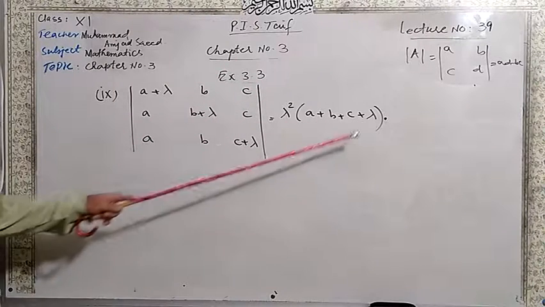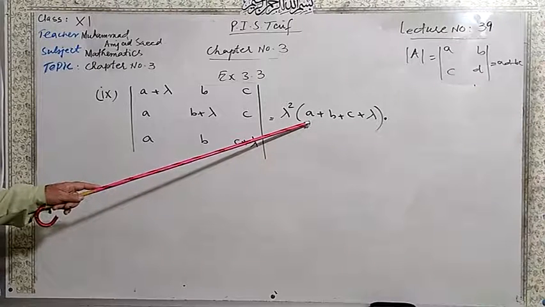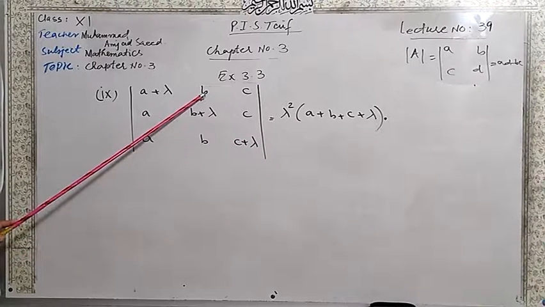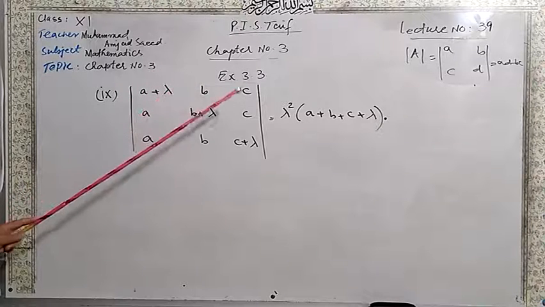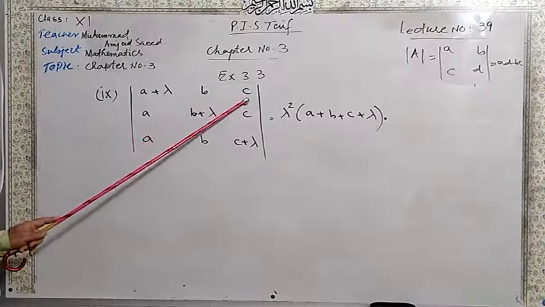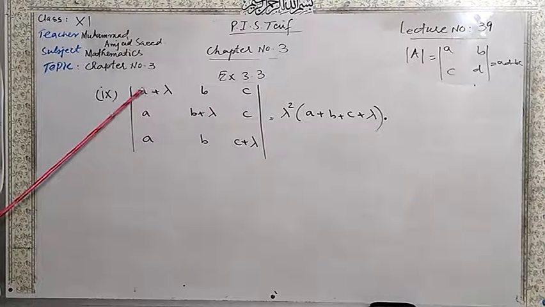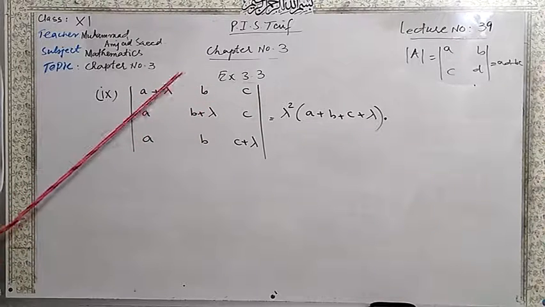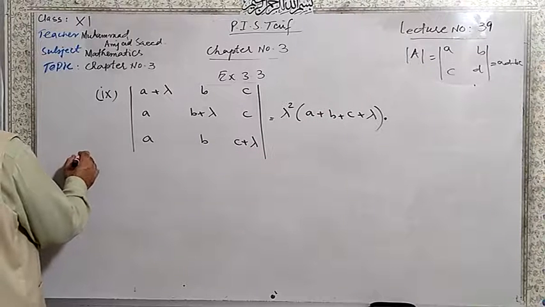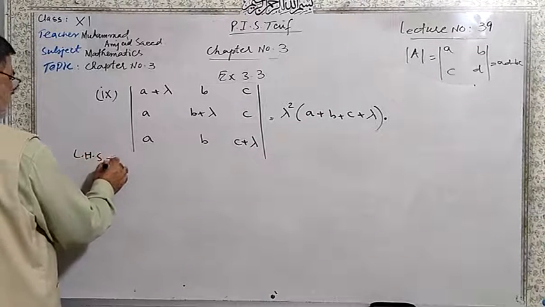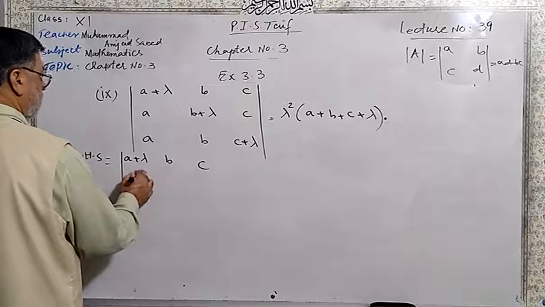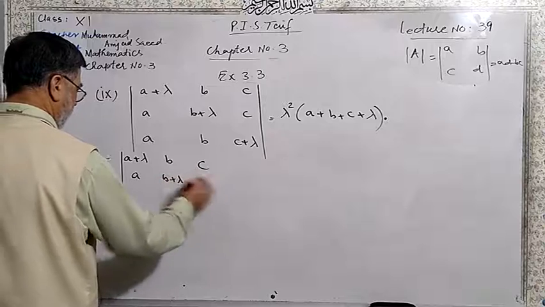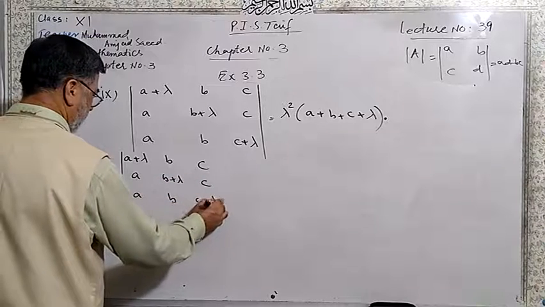Dear students, within the bracket term, it is easy to add C2, C3 and C1. If you add C2, C3 to C1, you will get A plus B plus C plus lambda, then you will take it out. Taking left hand side, A plus lambda, B, C; A, B plus lambda, C; A, B, C plus lambda.